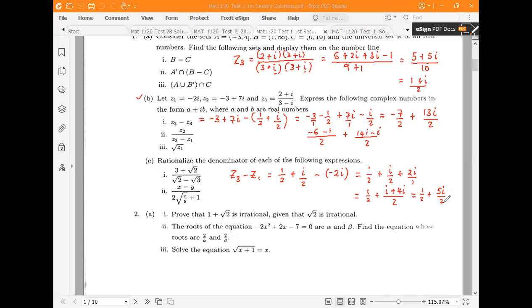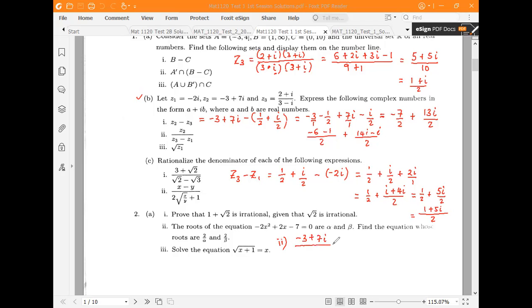Now, because we are taking it in the denominator, let's work it out better. We write it as 2 down and then 1 plus 5i up. This is the common denominator. We have 2, so nothing will change. Then now we go to part 2 and pick whatever is there. Z2 is minus 3 plus 7i.